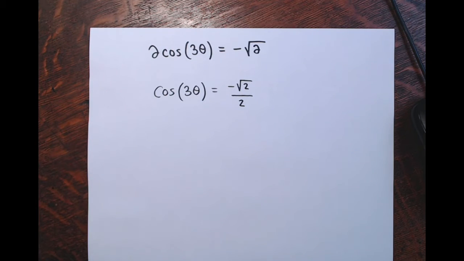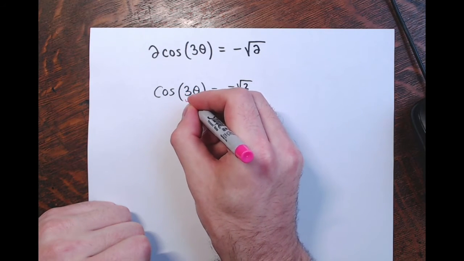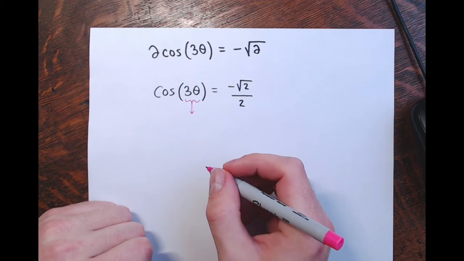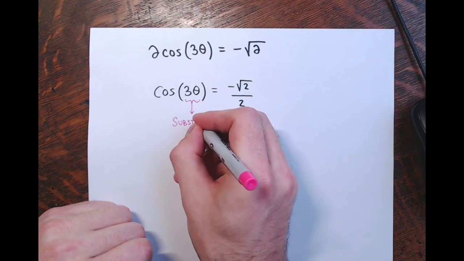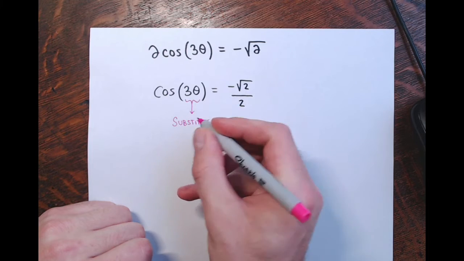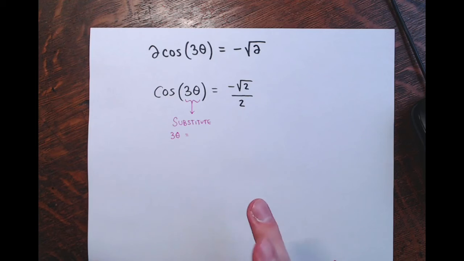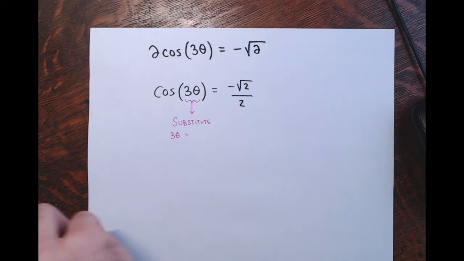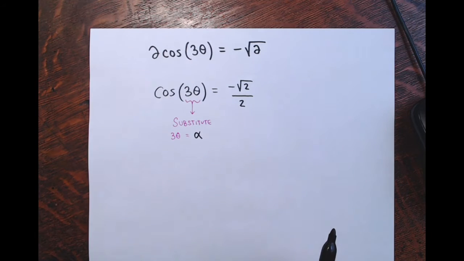So what I'm going to do, and you saw me do this in the first video as well, I'm going to make a substitution. Alright, so I'm going to substitute for this 3 theta just a single letter. Just a letter that I haven't seen yet. Maybe alpha. Why not? Or x or y or z, something else.